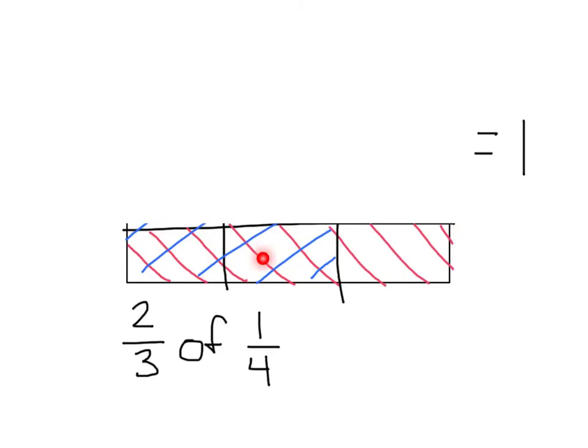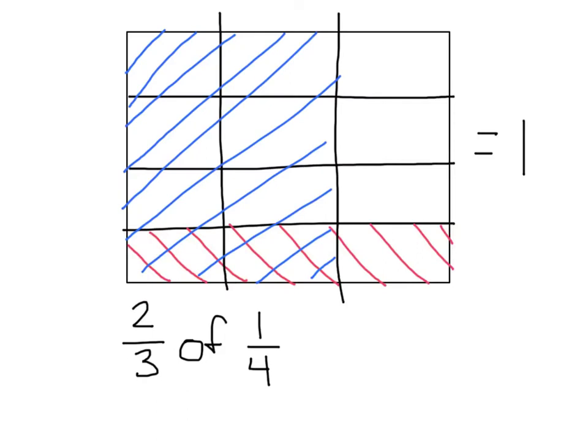Okay, so this is showing 2/3 of 1/4. Now when we look at the whole here, we can look at how many pieces there are all together. Well, I count 1, 2, 3, 4, 5, 6, 7, 8, 9, 10, 11, 12. When I look at the new fraction that I've made, that's 12.